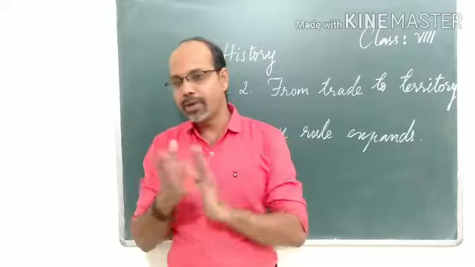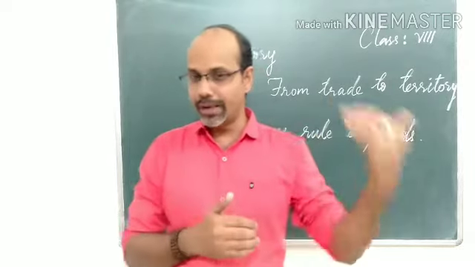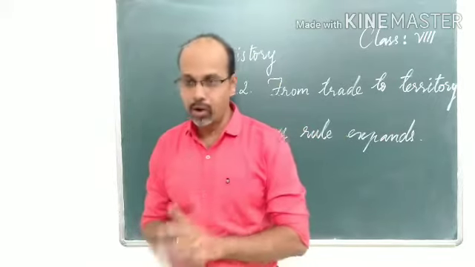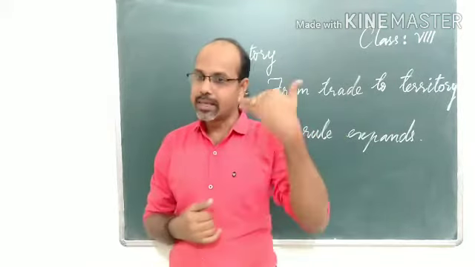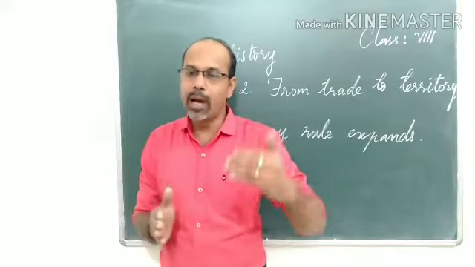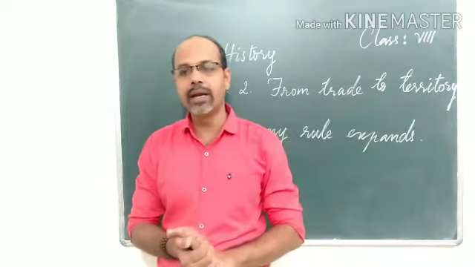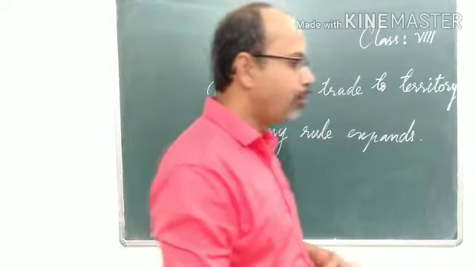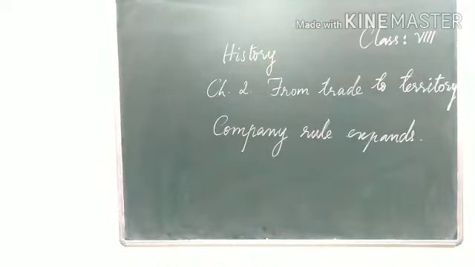After the Battle of Plassey in 1757, and later the Battle of Buxar in 1764, the company appointed residents in Indian states. Who is a resident? The company official is known as the resident.